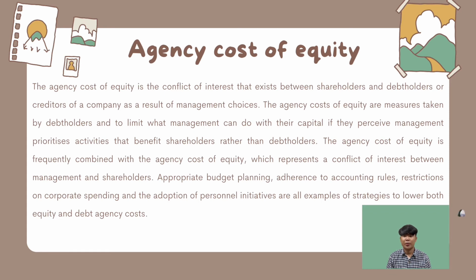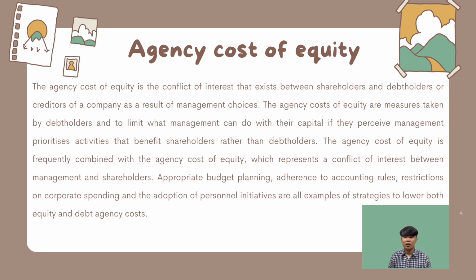Next is agency cost of debt. The agency cost of debt is the conflict of interest that exists between shareholders and debt holders or creditors of a company as a result of management choice. The agency cost of debt comprises measures taken by debt holders to limit what management can do with their capital if they perceive management prioritizes activity that benefits shareholders rather than debt holders.